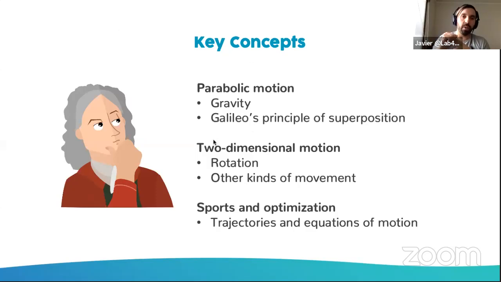Sports is a very complex and very good application of two-dimensional motion, and those motions could be really complicated if you add air to the mix in the real world. And we'll be analyzing a real world experiment, so air could be a factor in our experiment today.